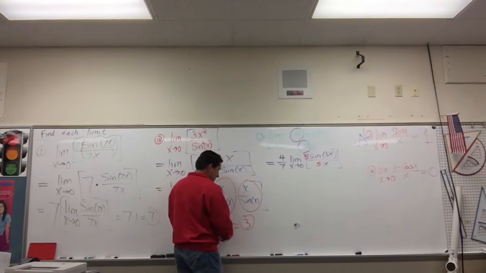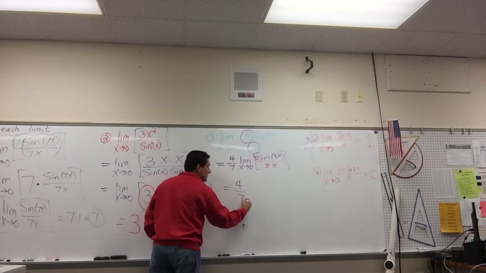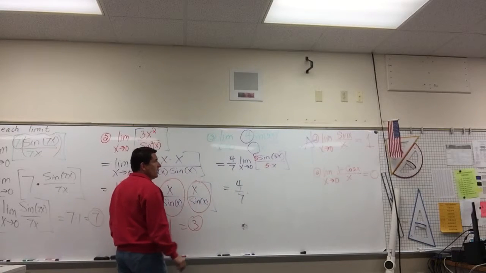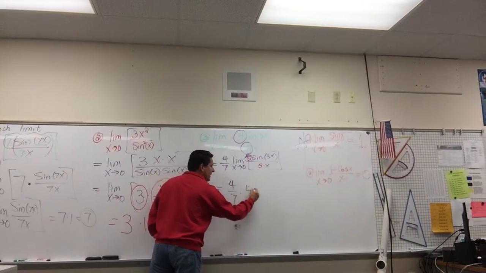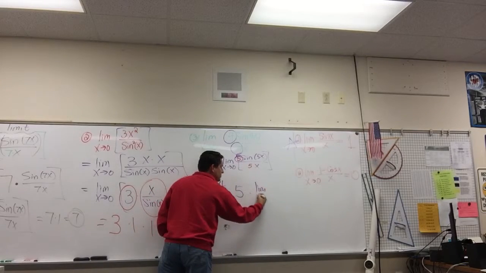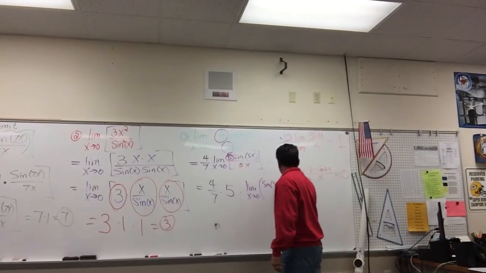Okay. So what does this become? Well, the 4/7 is still outside. This is multiplied here, so we're multiplying. And then I'm going to pull this 5 out, so it's 4/7 times 5. And then if you want to write the limit, it's the limit as x approaches 0 of the sine of 5x over 5x.